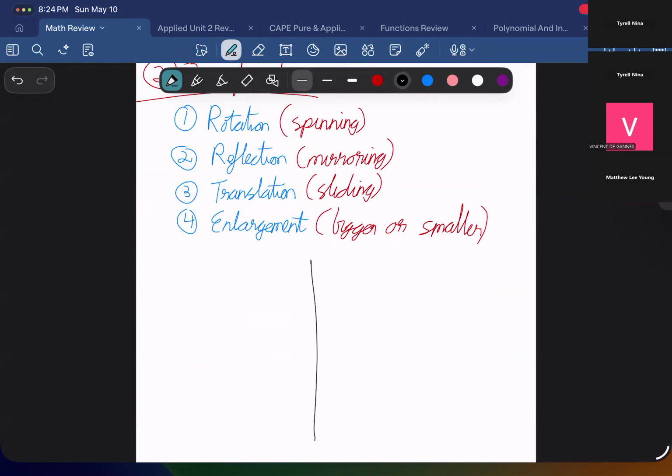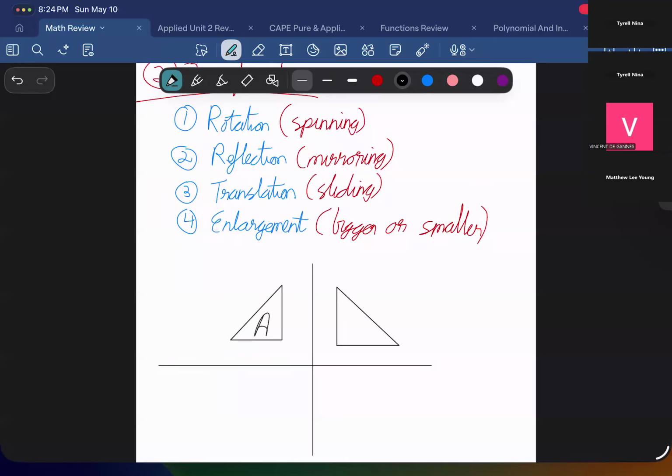So let's say I have, this is my original image A, right? This is B. Just imagine there's the same shape, right? Just bear with me, right?